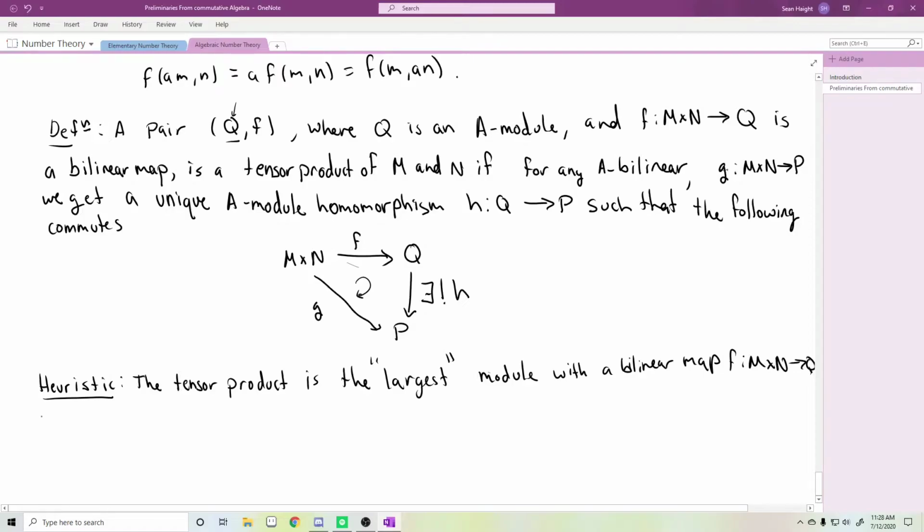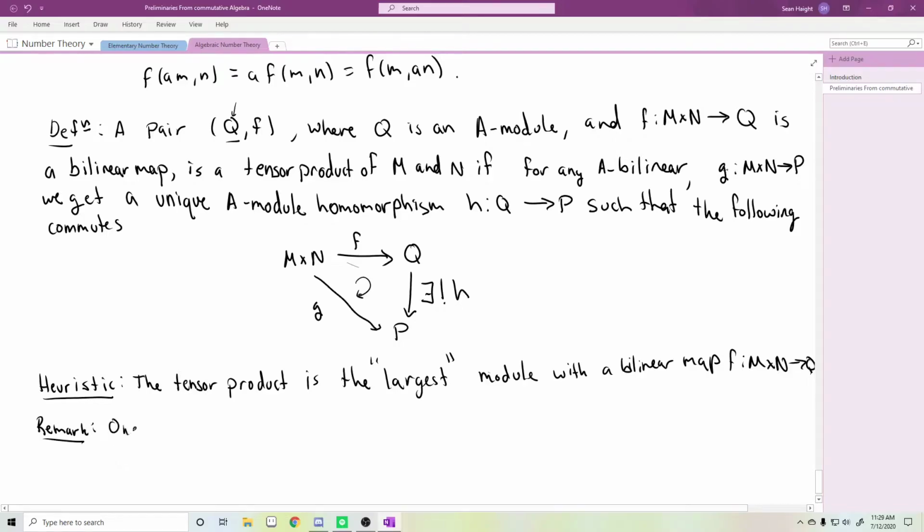Another natural question is, how do I know tensor products exist? Why should there be such a module that satisfies this universal property? I'm not going to go through the entire construction, I'll just give you the gist of it.